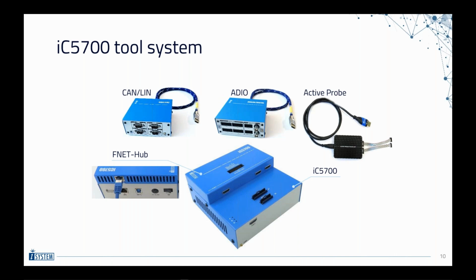The ADIO add-on module is used for analyzing analog and digital I/Os and driving the target with signals. ActiveProbe is a special debug and trace connector for high bandwidth tracing and profiling of controllers such as Infineon Aurix and ARM Cortex.